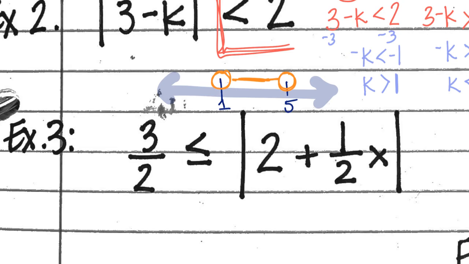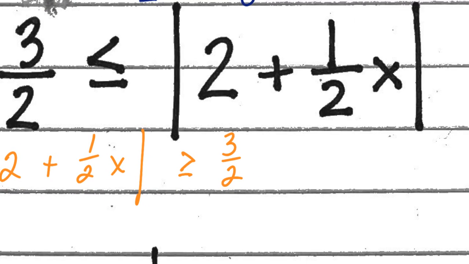Okay, I'm going to switch. So if I were you, I would go ahead and switch and put the absolute value over here. And then make it greater than, because notice the absolute value is chomping at the greater than 3/2. So remember, when you write the positive, let me blow this thing up. When you write the positive, you're going to write it as 2 plus 1/2 x is greater than or equal to 3/2.